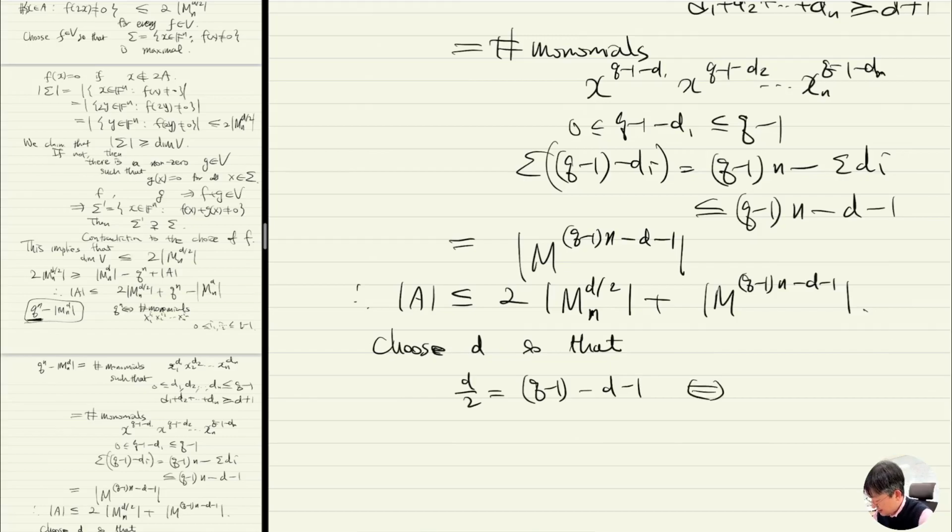So this is the same as three over two d equals q minus 1 times n minus 1, so d is equal to 3q minus 1 times n minus 1 divided by 2.